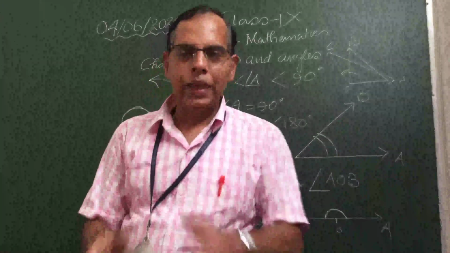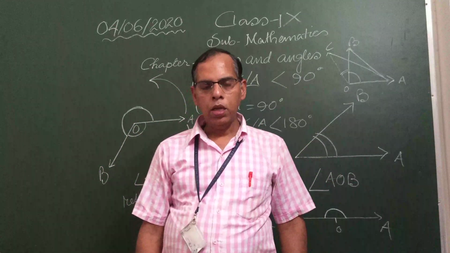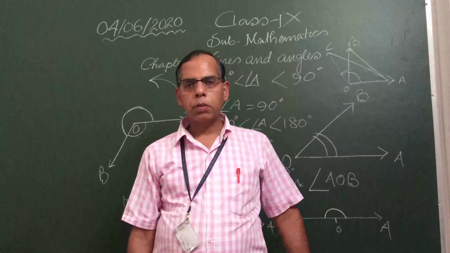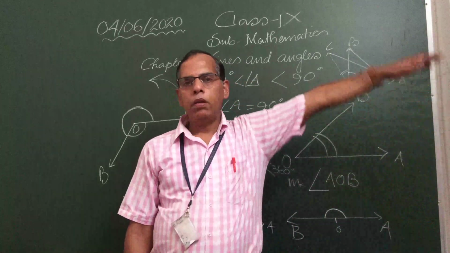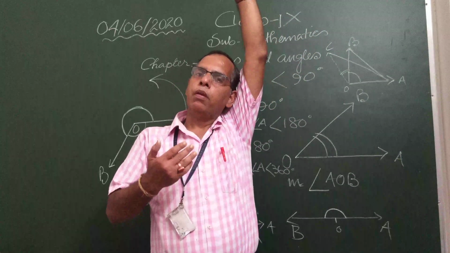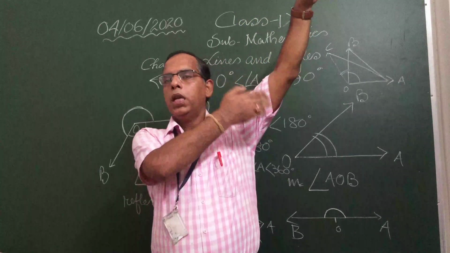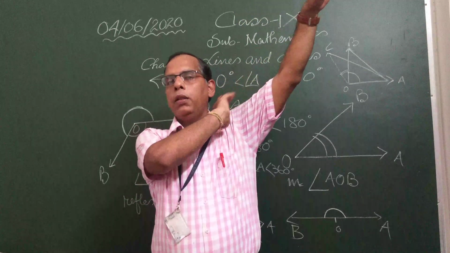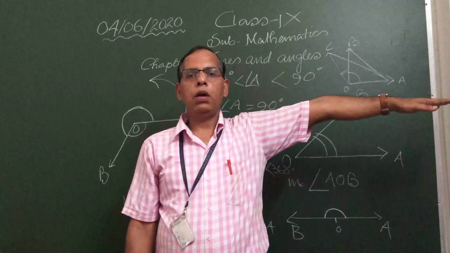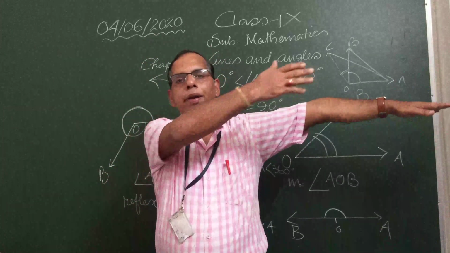And all these angles, you can show by your hand as well. How to show? See, first I told you that suppose this is the measurement. For this one, it will be 0 degree, no deflection. This is acute angle. This is also acute angle. Now this one is a right angle.